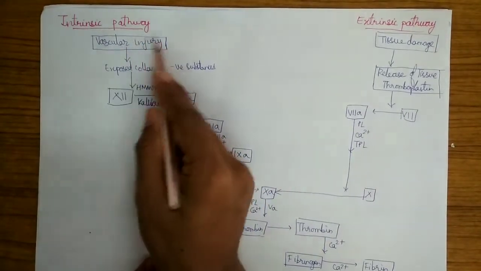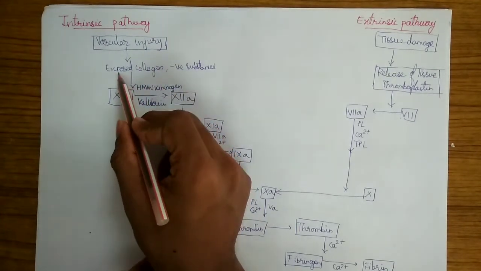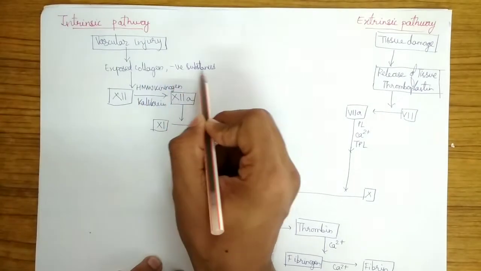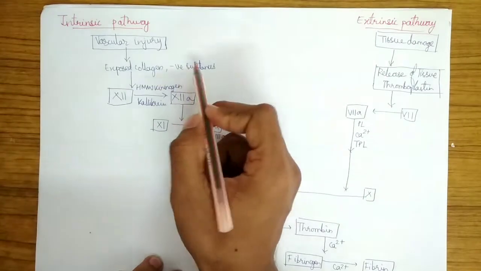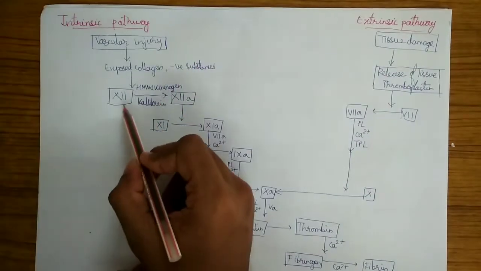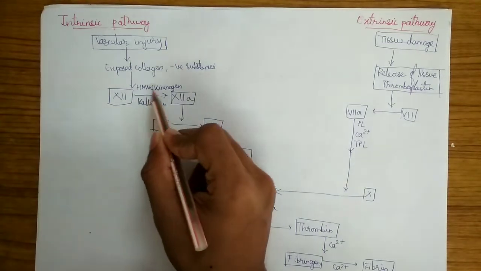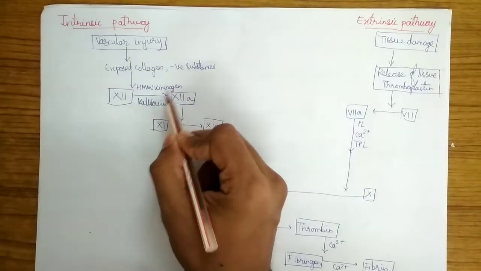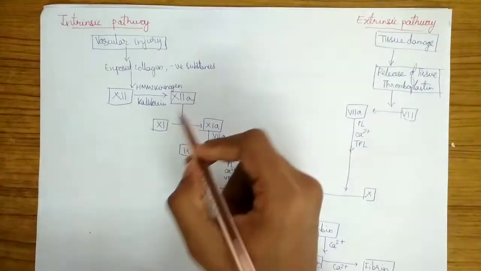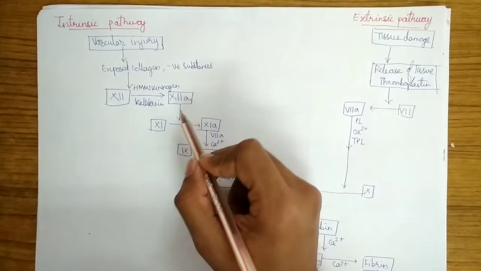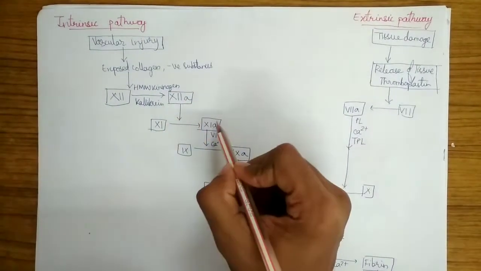First, there will be a vascular injury due to which there will be exposed collagen and many negative substances which will attract the platelets toward it. Then there will be activation of clotting factor 12 through the HMW kininogen and kallikrein. This activated clotting factor 12 again activates clotting factor 11.